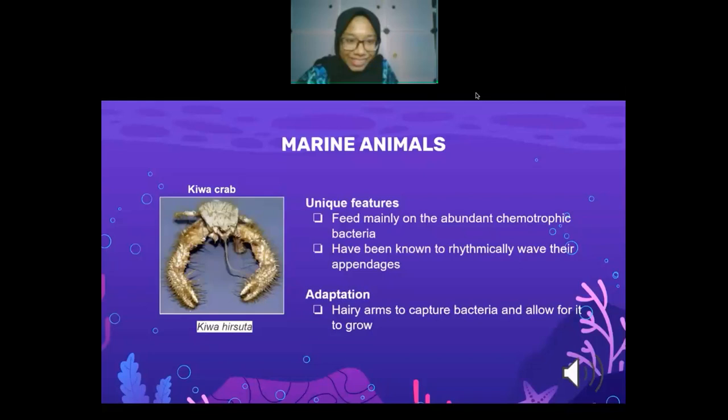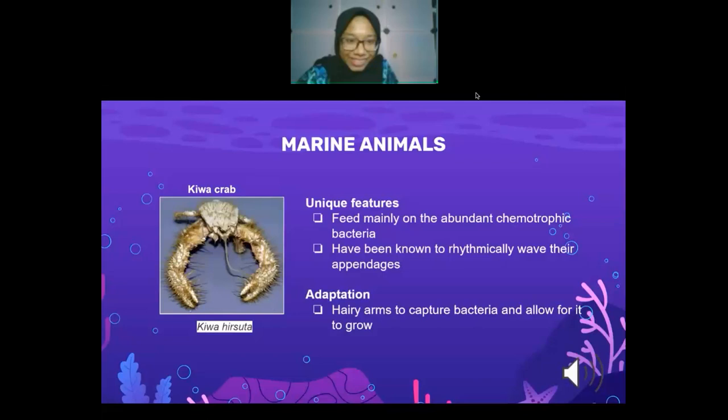Next is Kiwa hirsuta. These crabs belonging to the genus Kiwa are widespread marine creatures that live near the hydrothermal vents. They feed mainly on the abundant chemotrophic bacteria on their hair-lined bellies. The females with eggs move farther away into the cooler water, likely to protect the embryos in their bellies.